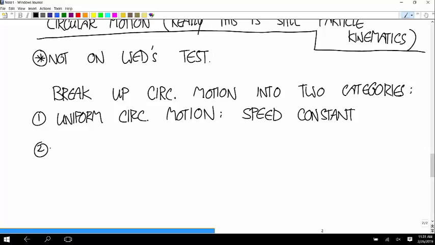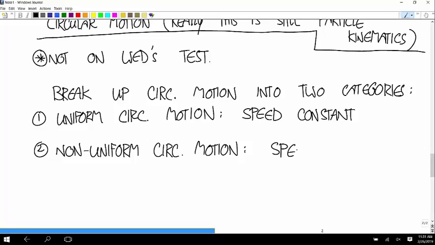And non-uniform circular motion is when the speed changes. Okay, and here's a trick question. Which one of those two produces acceleration? Or which of those two corresponds to acceleration?